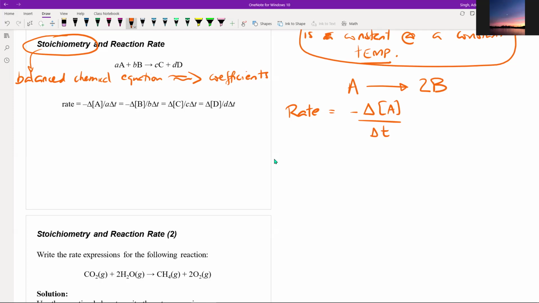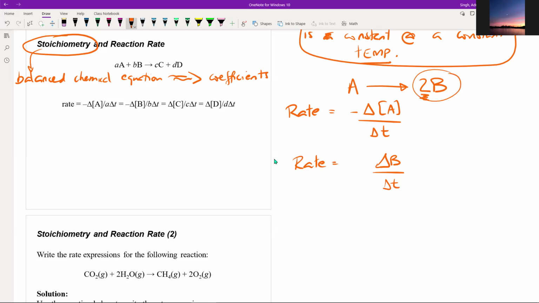We can also write the rate of the reaction with respect to B, so the change in the concentration of B over the change in time. And it's a positive value because B is a product, its concentration is going to increase. Now, what you'll notice though is that B is actually formed at twice the rate that A is used up.